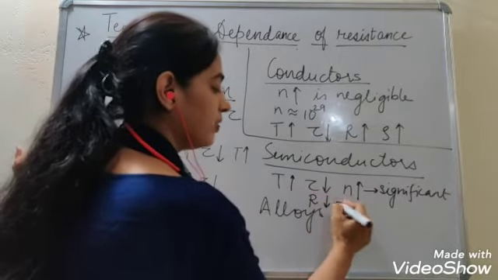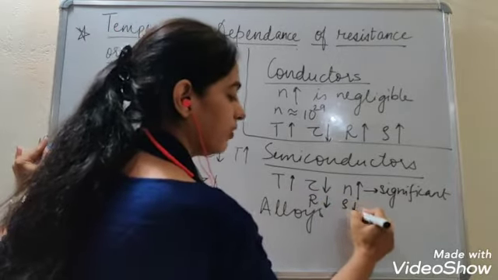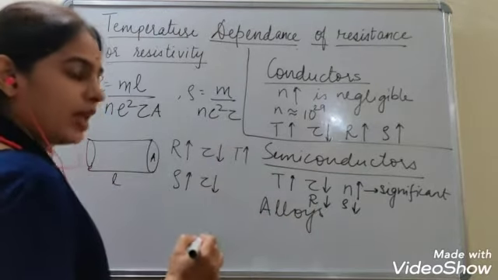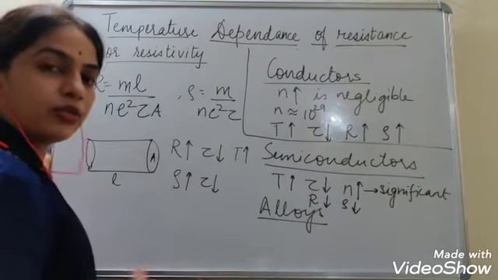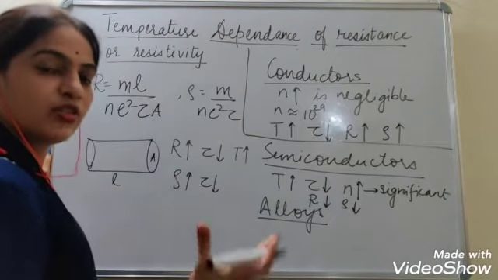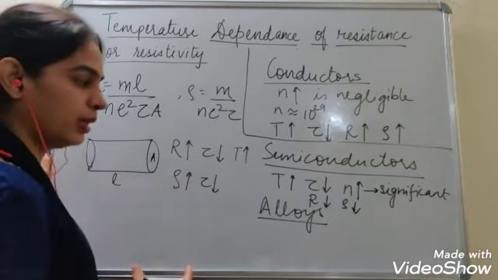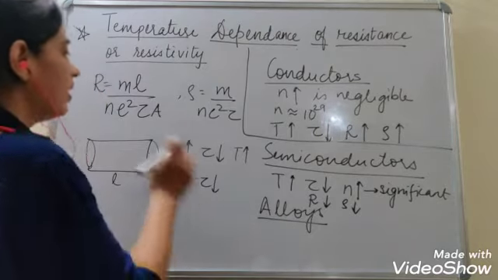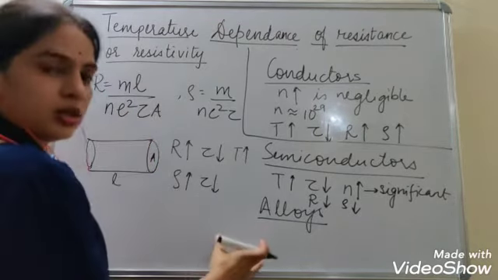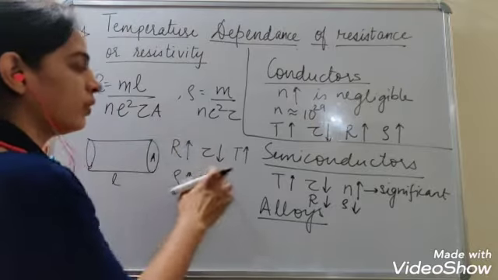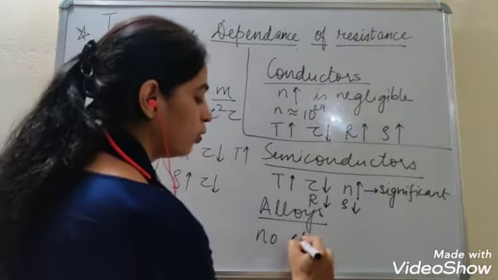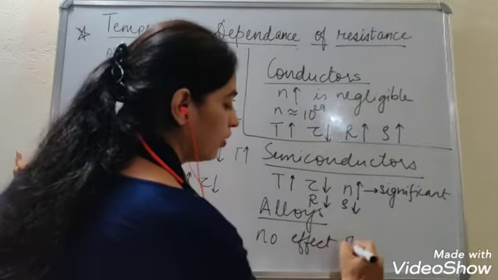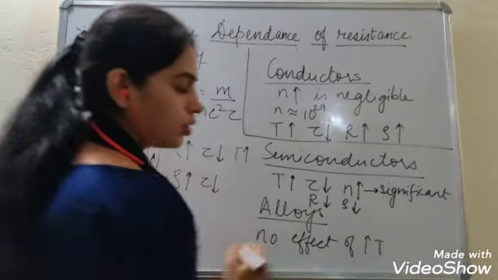So resistance will decrease and resistivity will also decrease. And when we talk about alloys, since alloys are made out of different metals combined together, in alloys there is generally no effect of increase in temperature.